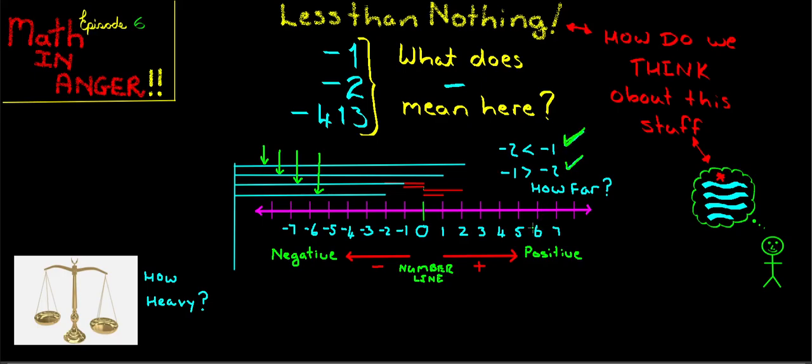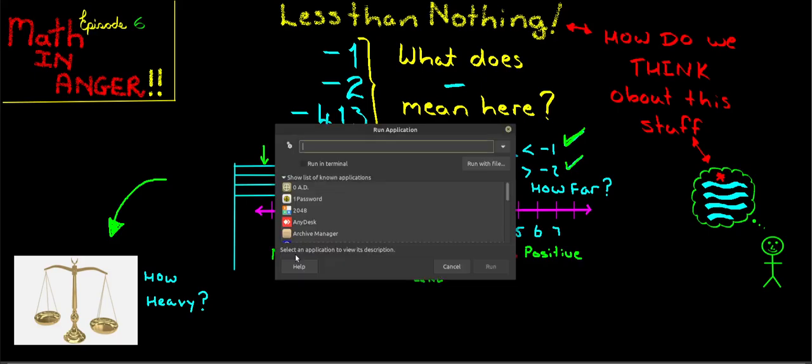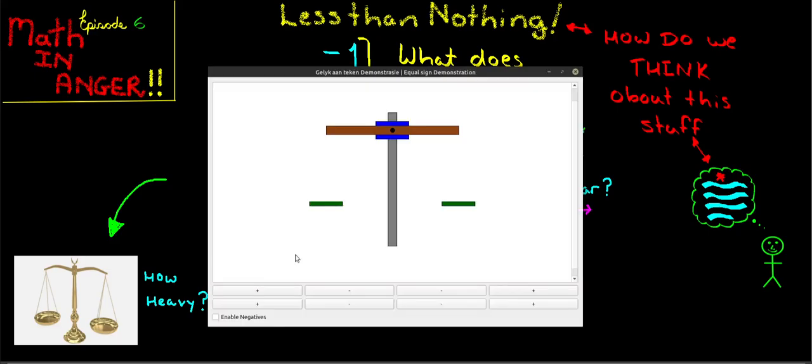Okay. But I'd like to bring all of this back to the balance scale and show you how all of this business works in the balance scale. So let's do this again. There's the balance scale. Now, it's kind of difficult to think about nothing when you're thinking about weight.